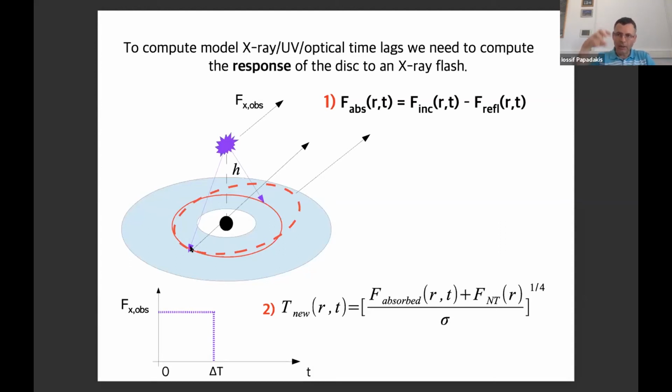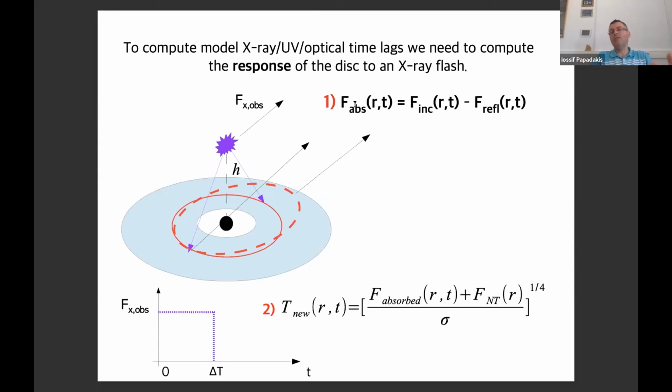We estimate how much flux is incident on the disk, then how much of that will be reflected, how much of that will be absorbed, and then we go to the observer's frame, and we take into account all relativistic effects, because of course the observer is not going to see this ring at the same time. The observer is going to see ellipses at each time. Different parts of the disk will be observed at different times.